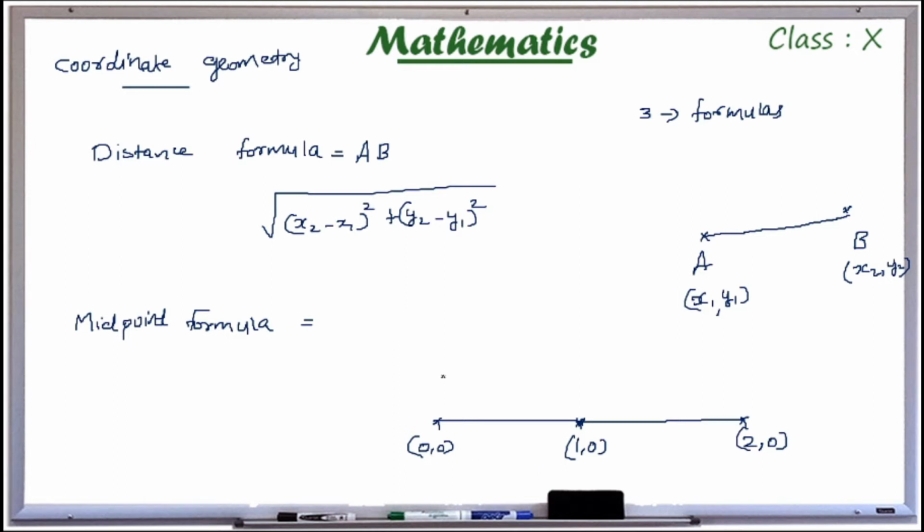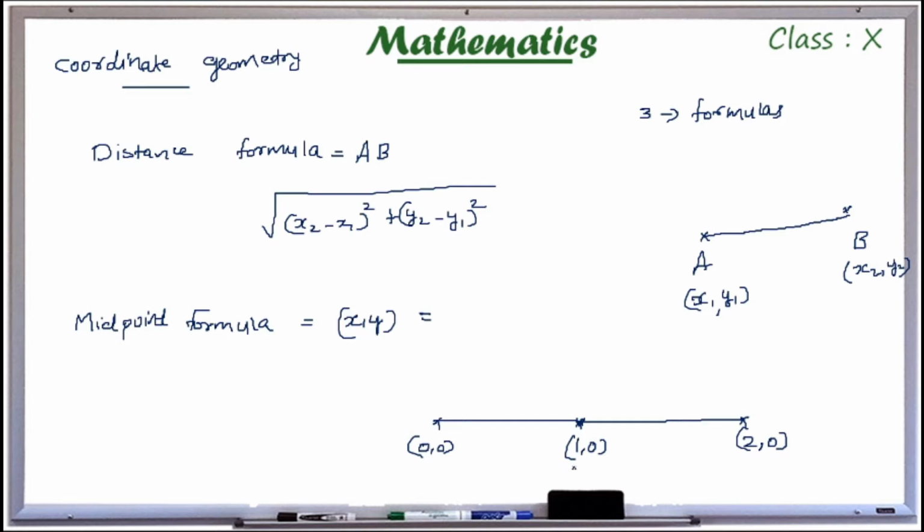And we can find the midpoint using one equation. So the midpoint formula: x comma y is equal to, I have to find the midpoint. Here the midpoint is 1, 0, I know already.